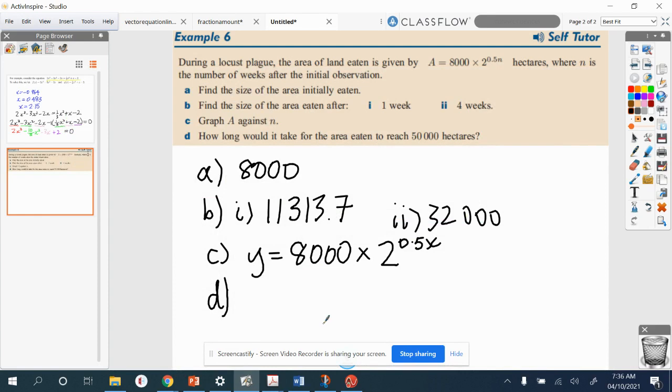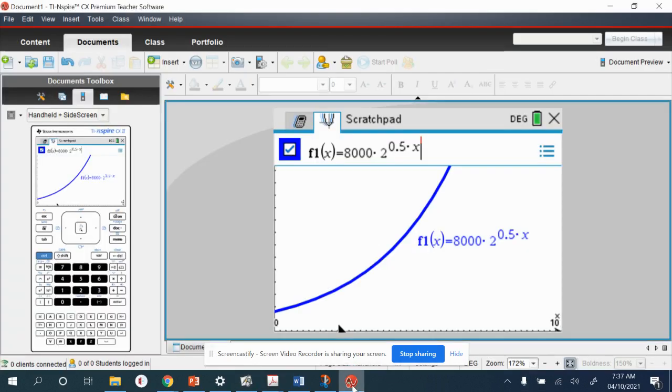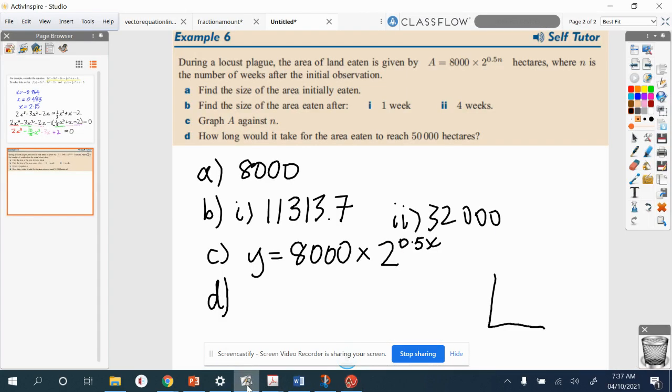Right, how long would it take for the area eaten to reach 50,000 hectares? So what we could do, I will do a very crude sketch, just so we can see what we're doing. So our graph looks a little like that, or this.